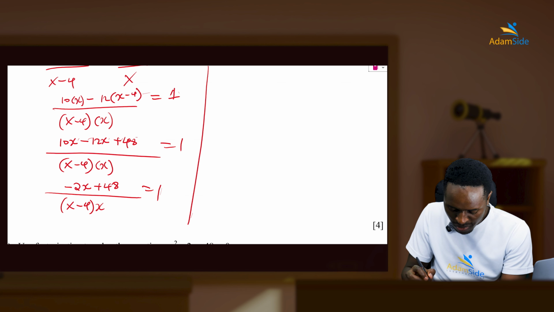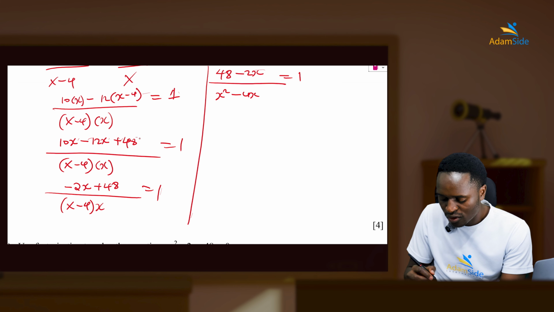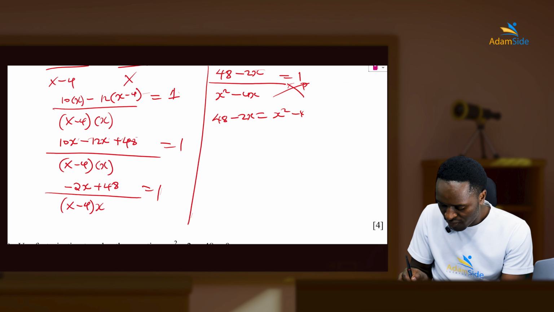Then we go back on the top. We say now 48 minus 2x is equal to, you can expand, x squared minus 4x, equal to 1. Then cross multiply, multiplying 1 by the numerator, you have 48 minus 2x is equal to x squared minus 4x.